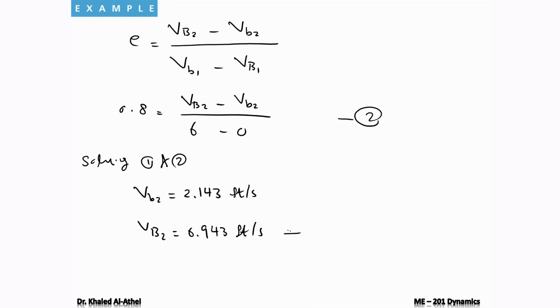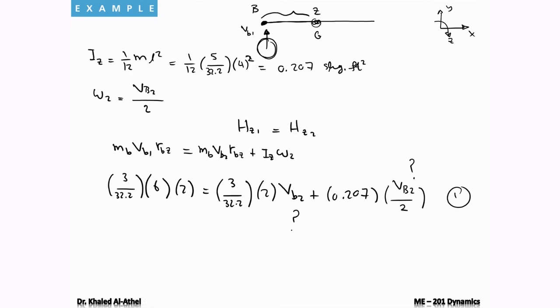Now I can use this to find omega 2, which equals V_B2 over 2, which will give me the value of omega to be equal to 3.47 radians per second. So it's just a different way to show you that either you convert this one to omega, or you keep this one as V_B and convert omega into that point. So you have two options, either this way or that way.